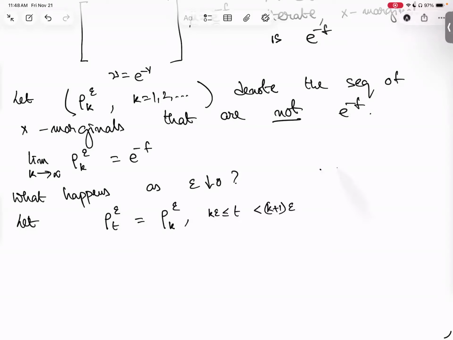So I have this sequence of measures, and I'm just going to draw lines to make this in continuous time. And the length of each of these lines is epsilon. Does this make sense? So I've embedded my sequence in a curve that admits jumps, and then I look at this curve in continuous time t, for t greater than or equal to 0.